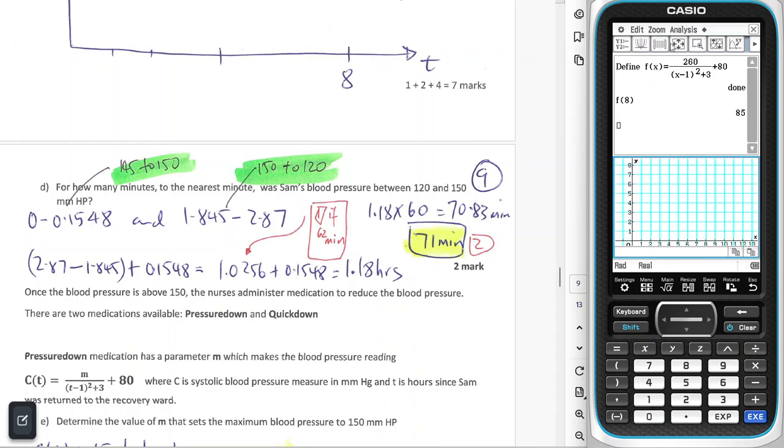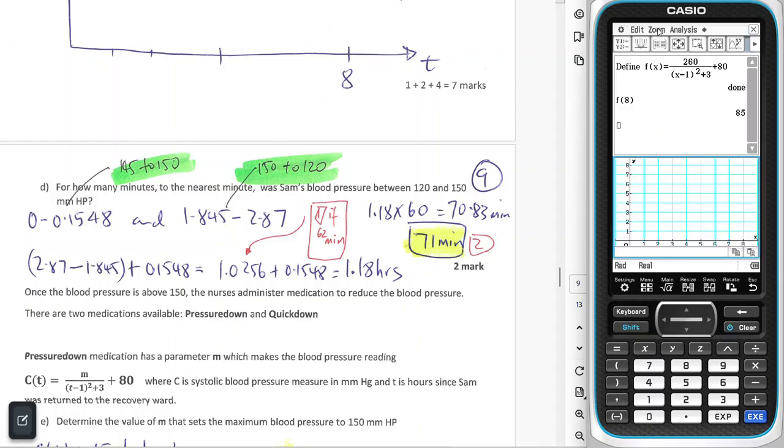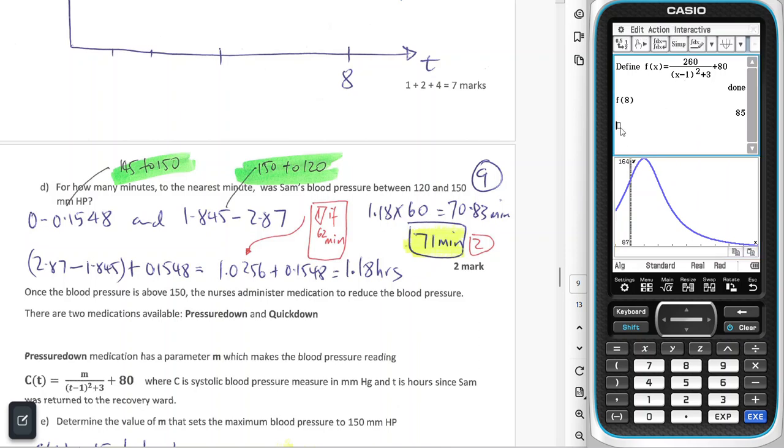In hospital for 8 hours, so I will change my window from, I might go -1, and then I might go to 9 and go OK, and zoom auto. It'll automatically find. Then I want 120. I'm going to pick the 120 up, drag and drop, and I want 150. Pick that up, drag and drop.